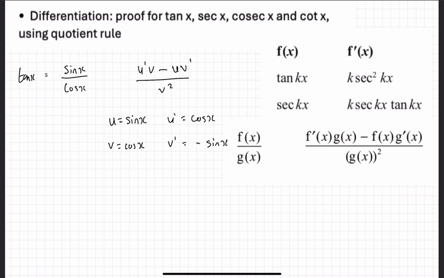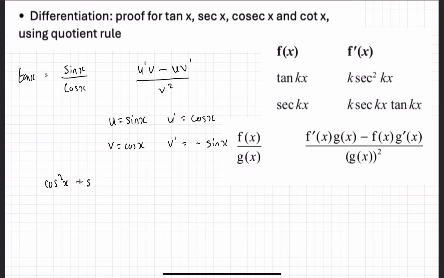I'm just going to follow the formula now. U dash times v, they multiply by each other, so we get cos squared x. And we're going to take away u times v dash, so we take away negative sine squared x.